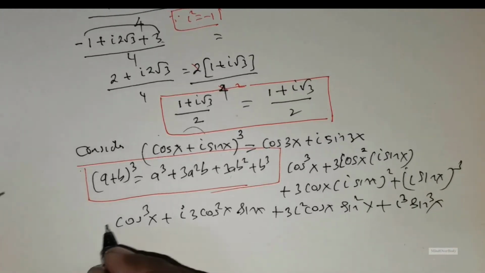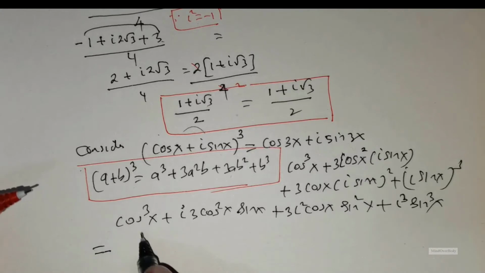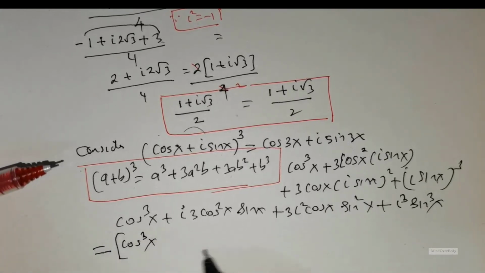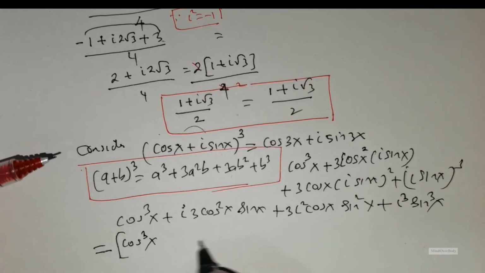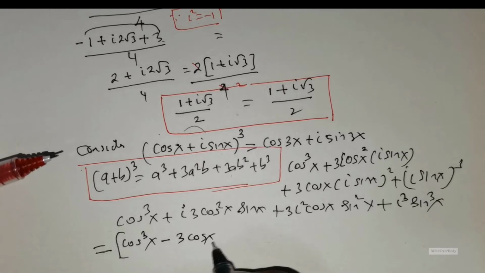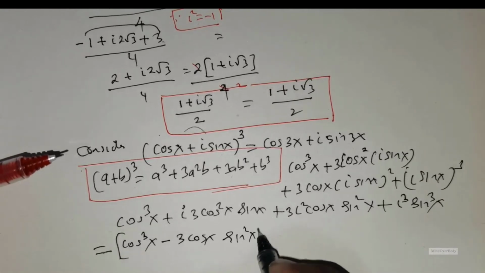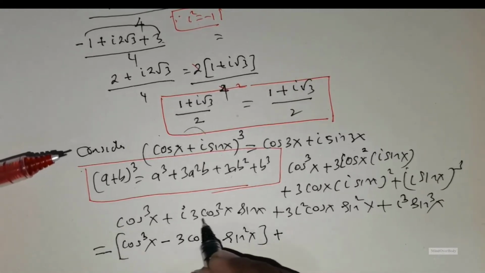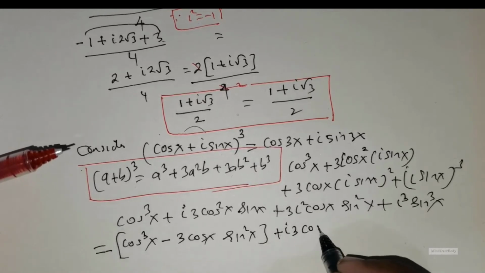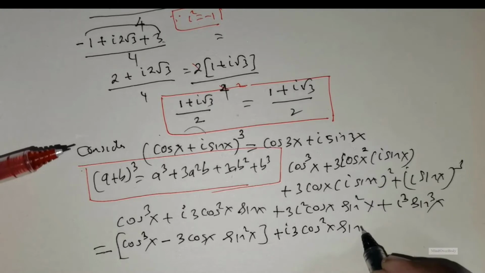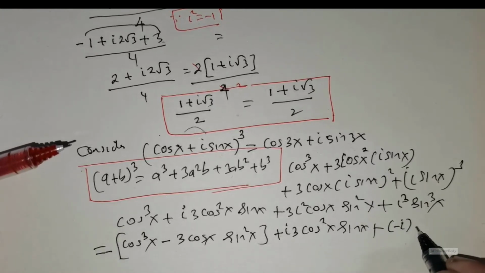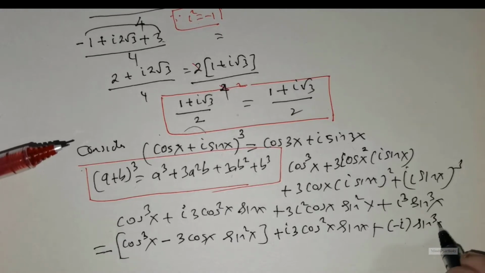So this is rewritten as cos cubed x. I am clubbing all the real quantities together. Now i squared is negative 1. So this is going to be 3 times cos x times sin squared x + 3 times, of course i should be there, cos squared x times sin x + i cubed is negative i times sin cubed x.